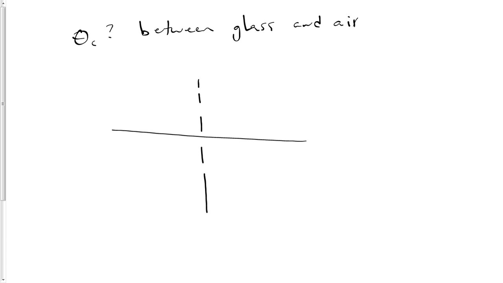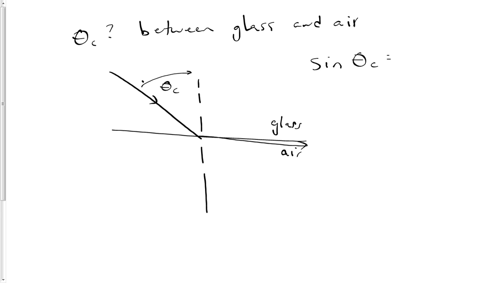So what is theta c between glass and air? Start from glass, and you go into air. Sine theta c is n2 over n1.